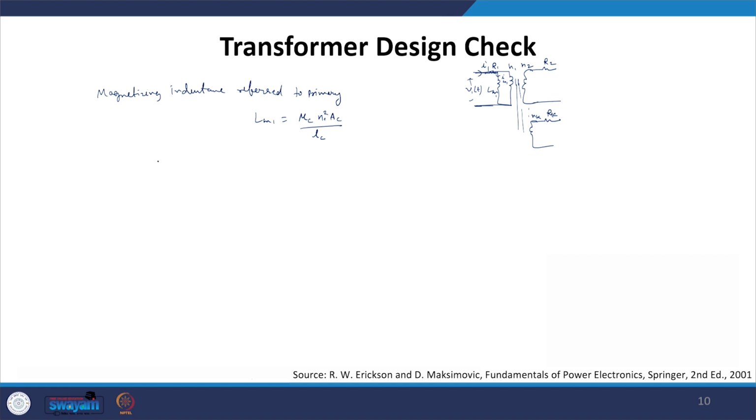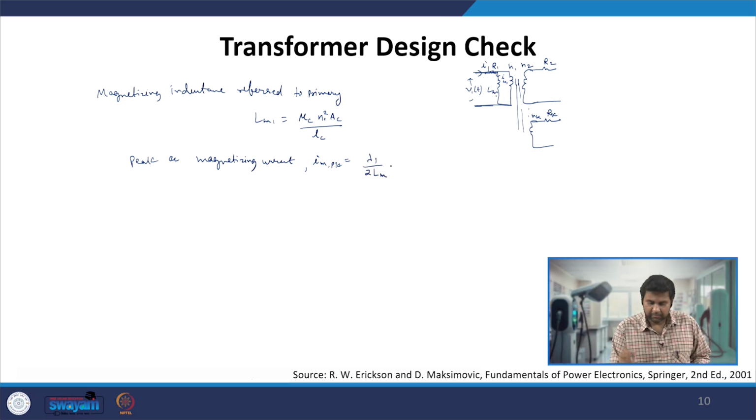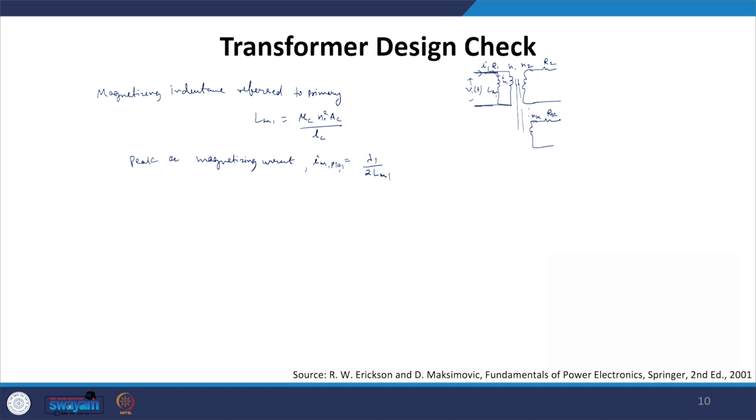Similarly, you can then find the peak AC magnetizing current, which is Im peak equal to lambda 1 by 2 Lm1, referred to the primary side. And then finally, you can calculate the winding resistances.